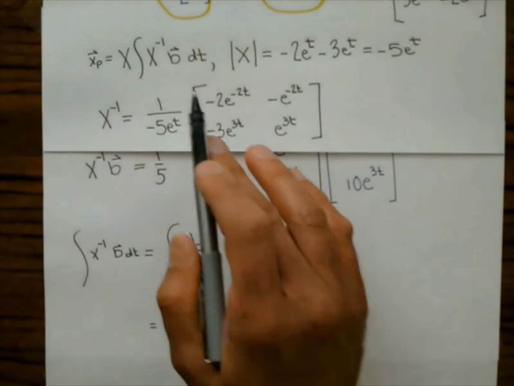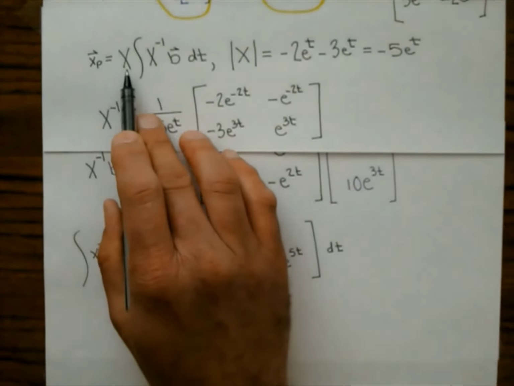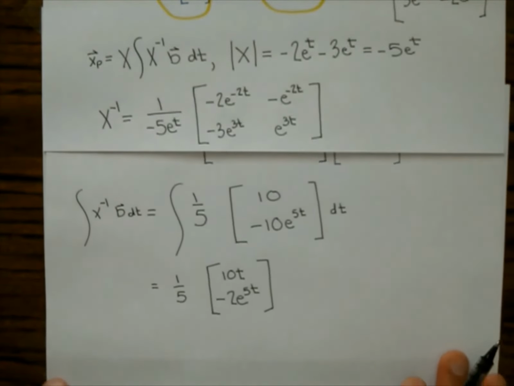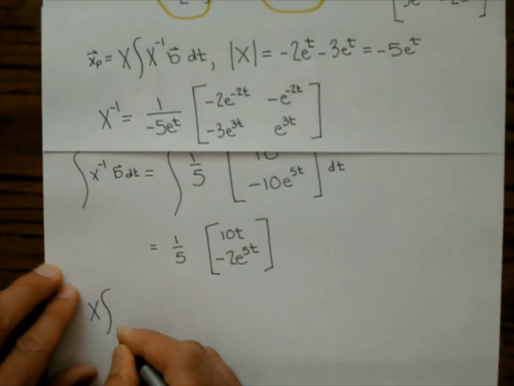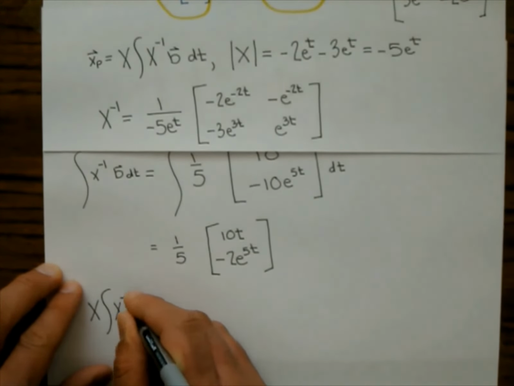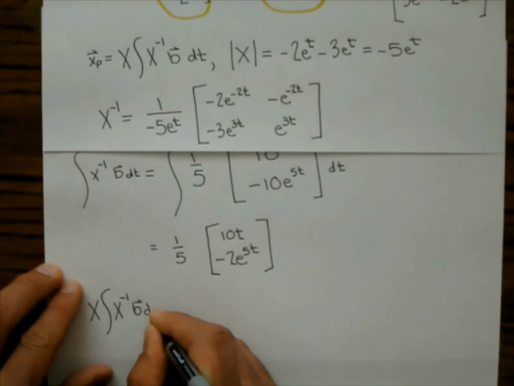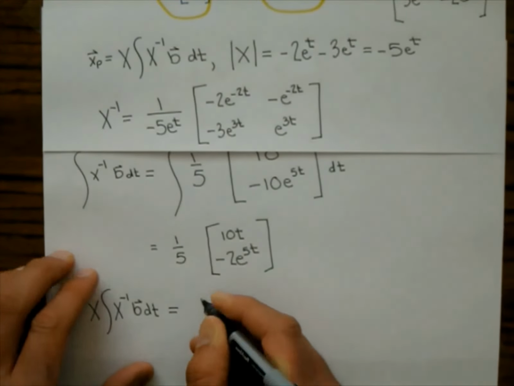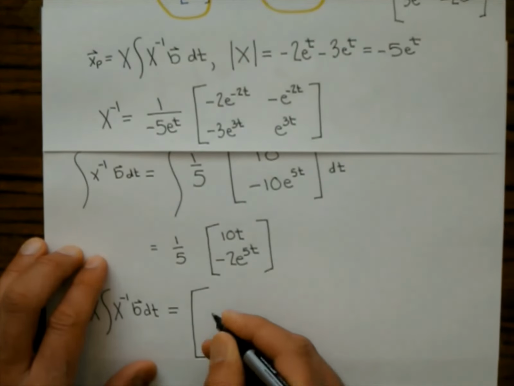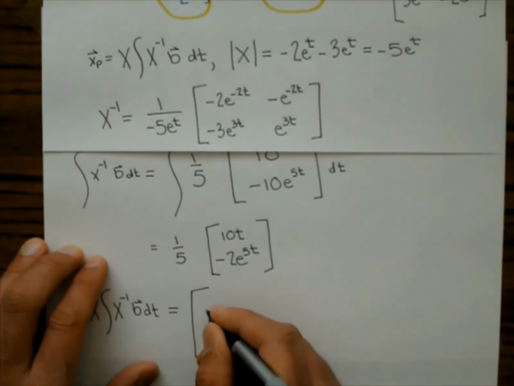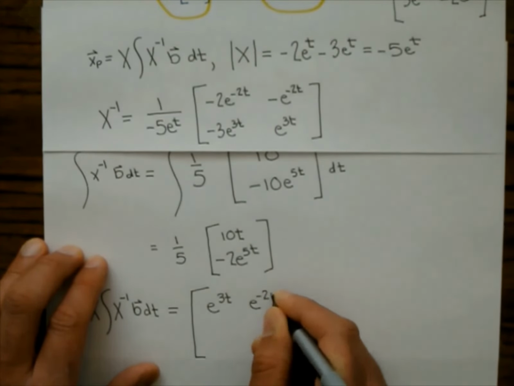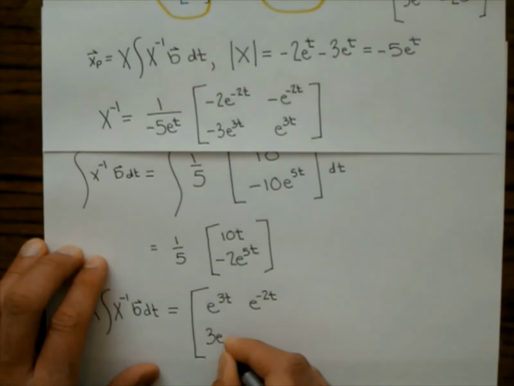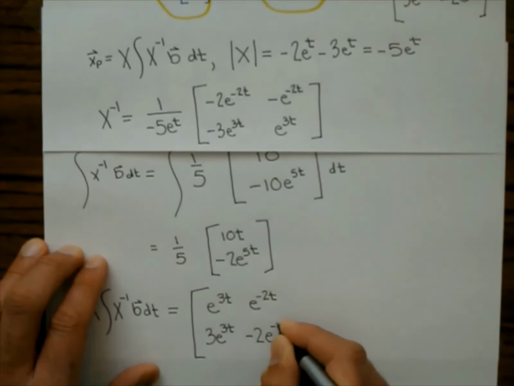The roadmap says now I want to multiply this by the fundamental matrix X, which is pretty much out of view. Let me go ahead and write up what I'm doing. I'm going to go X integral X inverse B. My original fundamental matrix, and you can look back, it's out of the camera range, is e to the 3t, e to the negative 2t, 3e to the 3t, negative 2e to the negative 2t.